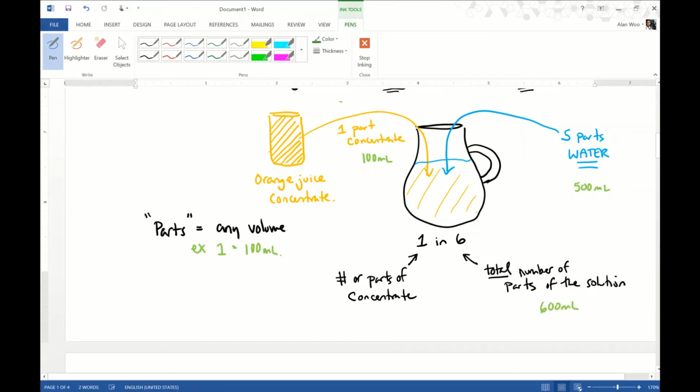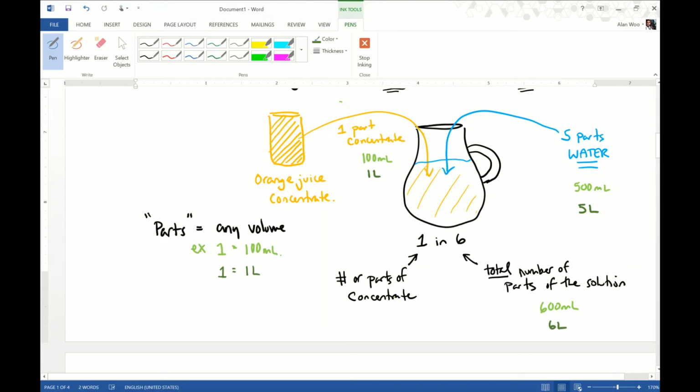I could change that if I don't like 100 mils. Let's say I wanted more. Let's say 1 part was 1 liter. I can have 1 liter of concentrate. That would require me to have 5 liters of water to make 6 liters of solution.